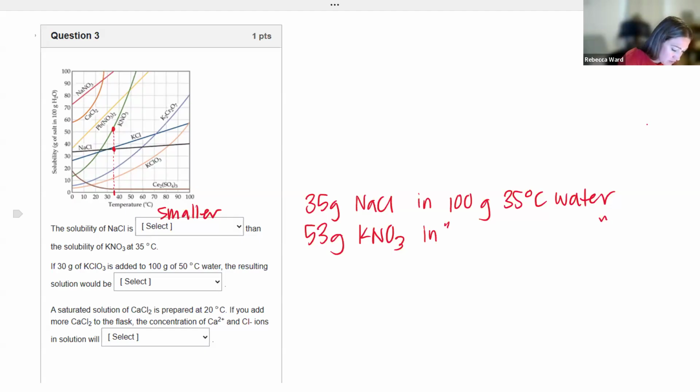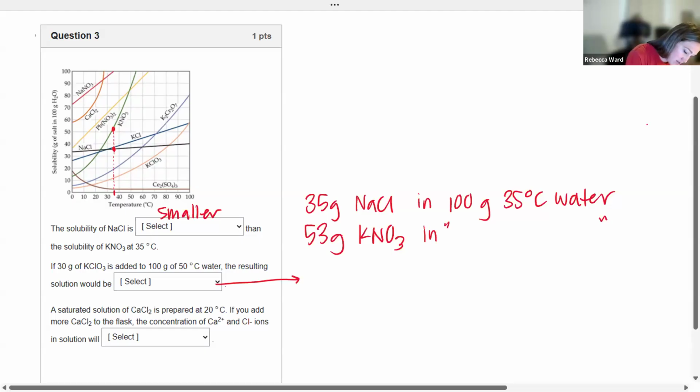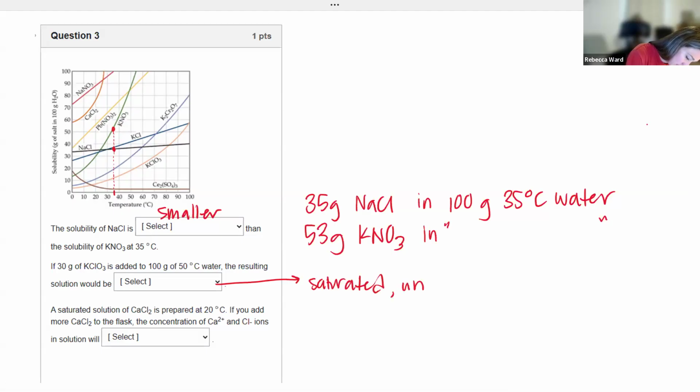All right, if 30 grams of KClO3 is added to 100 grams of 50 degrees Celsius water, the resulting solution would be, and we have three options here: saturated, unsaturated, and supersaturated.